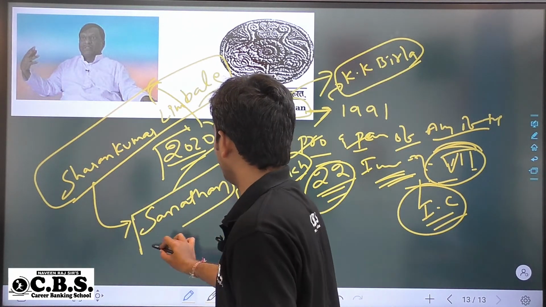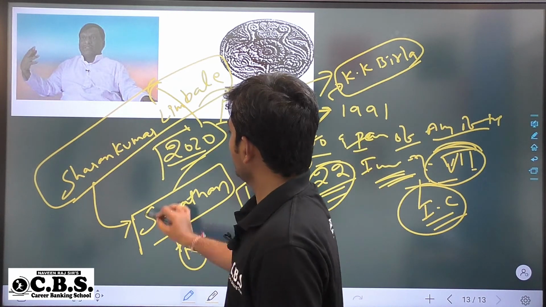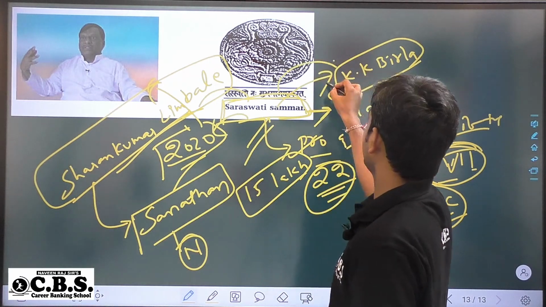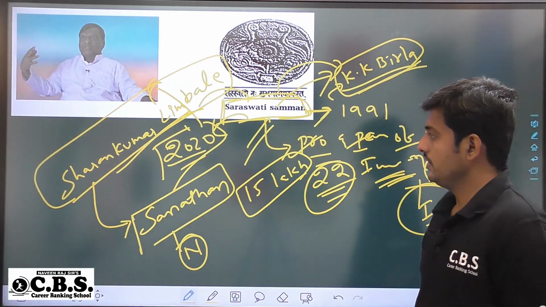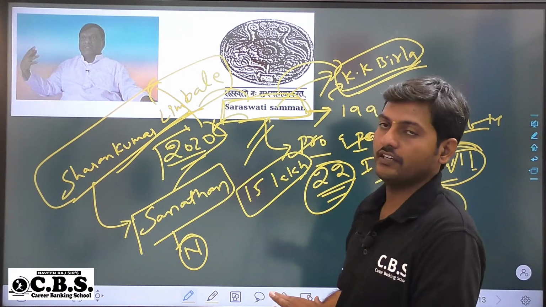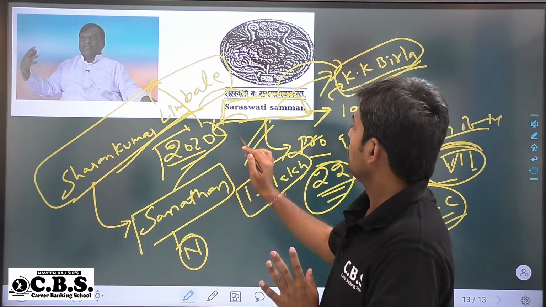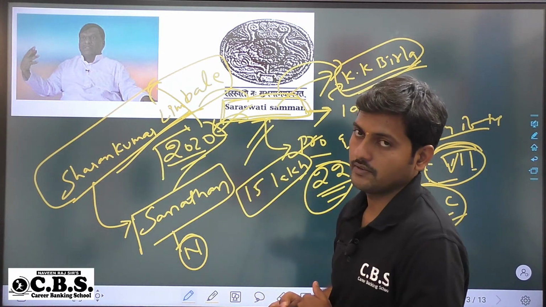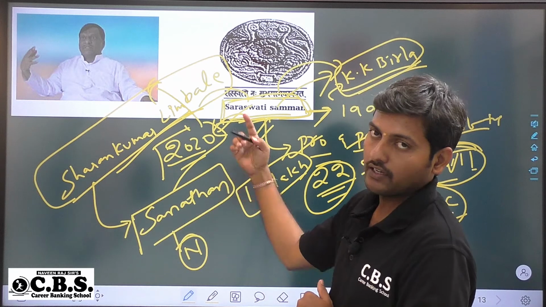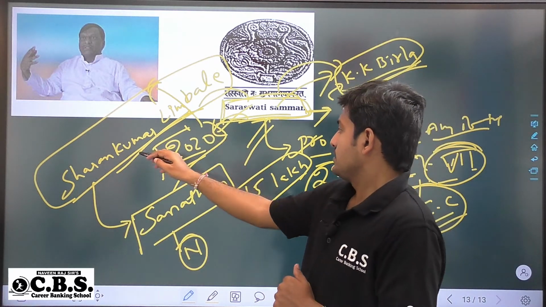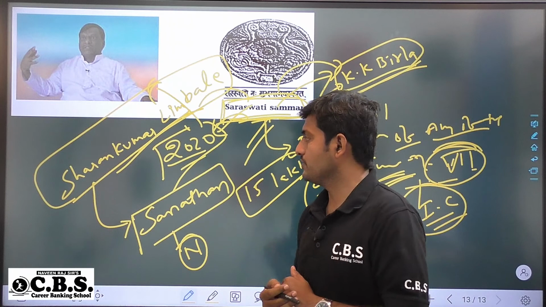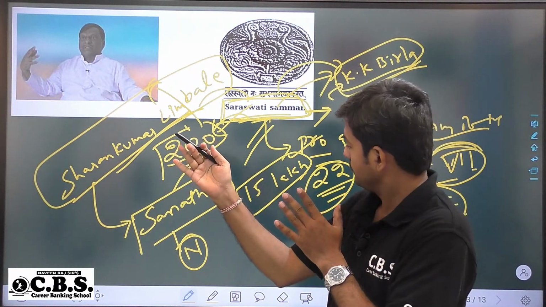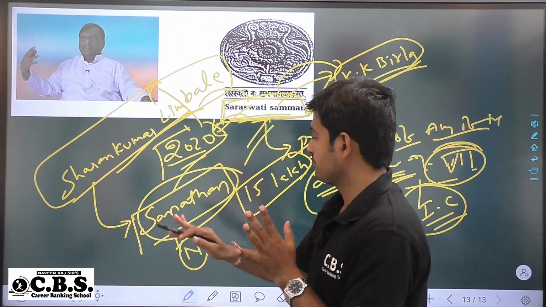This is the title of the novel for which he has been honored with the Saraswati Samman 2020 by KK Birla Foundation. From an examination point of view, there could be a question, who is the winner of Saraswati Samman 2020? Then Sharan Kumar Limbale. The question could be asked from another angle as well: Sharan Kumar Limbale has been honored with Saraswati Samman 2020 for his novel, that is Sanatan.